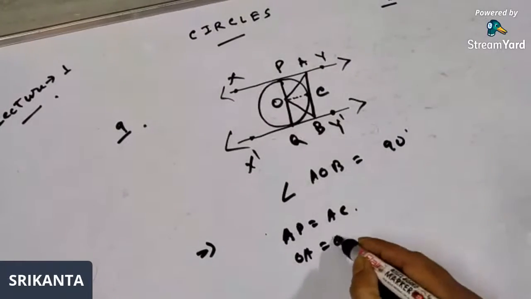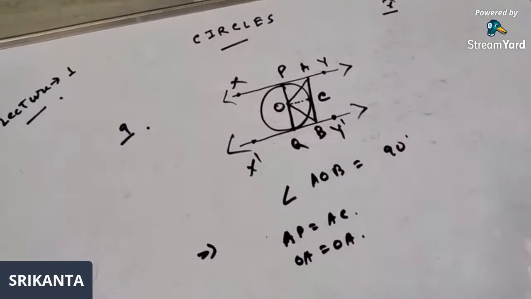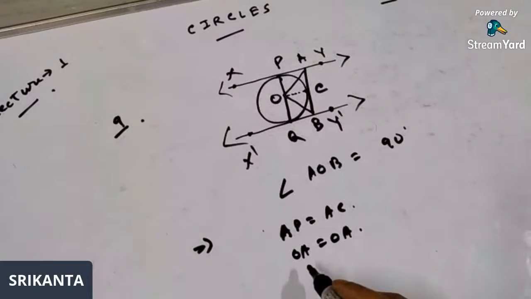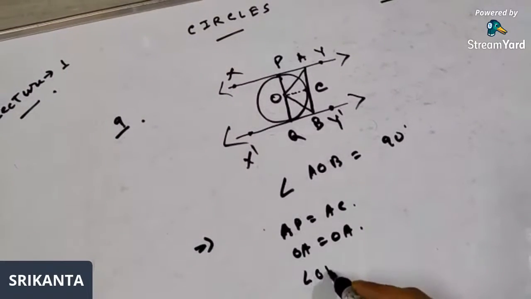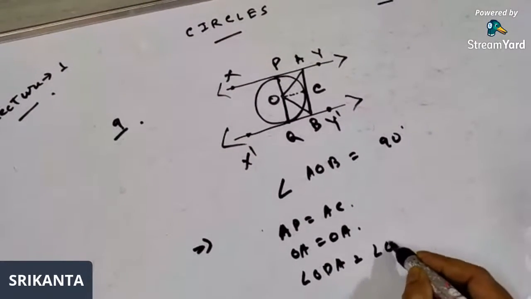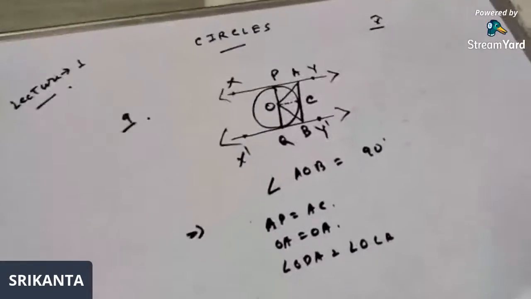OA is equal to OA, number two, common. Number three is angle OPA is equal to angle OCA, right?